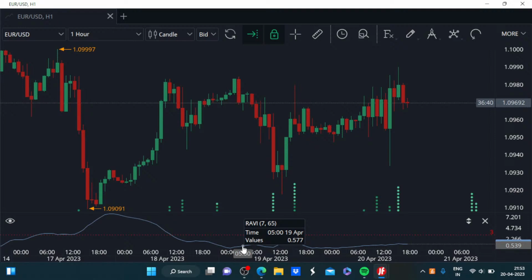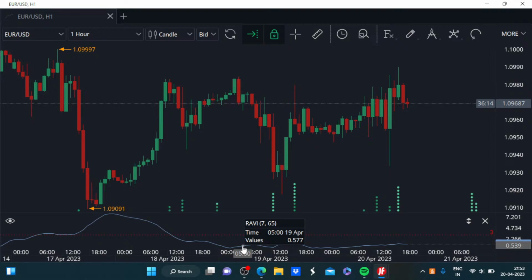If we deduct the long moving average value, the 65 period moving average value, from the short, that is the 7 period moving average value, and then divide it by the long, that is the 65 moving average value, and multiply by 100, we get a percentage range of where the price action of the last 7 days is in comparison to the last 65 days.